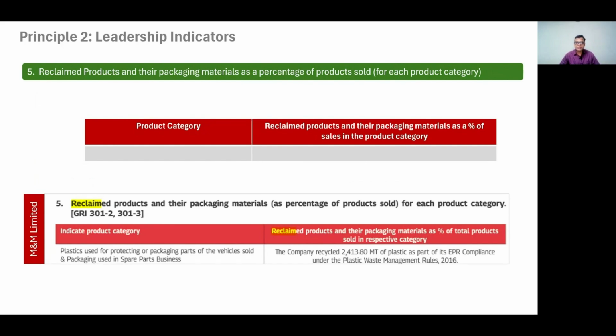It has not given a percentage to products sold, and the same has been done by many companies. They have either avoided or not given a satisfactory answer for this. So maybe it is time that SEBI review some of these indicators so that they start to make more sense in the present day environment.